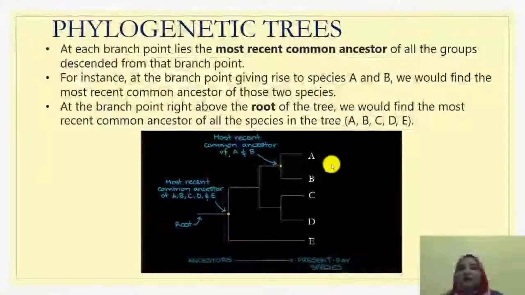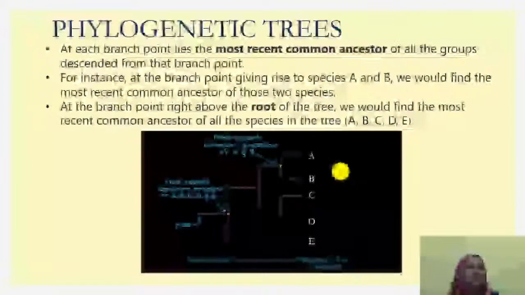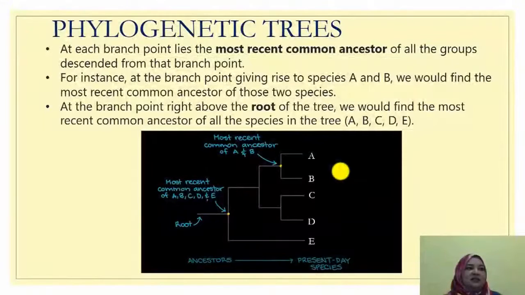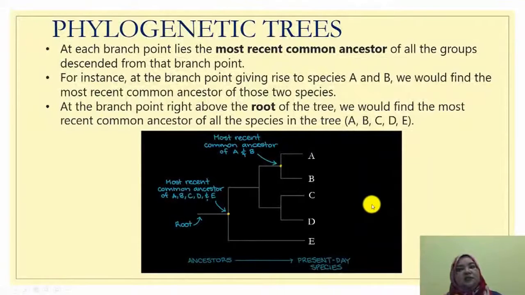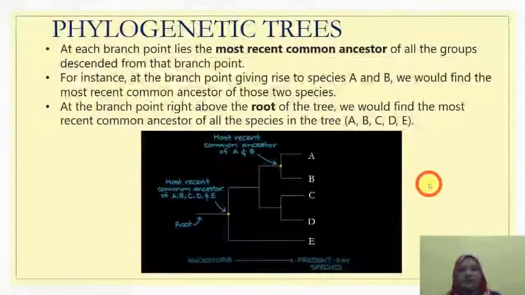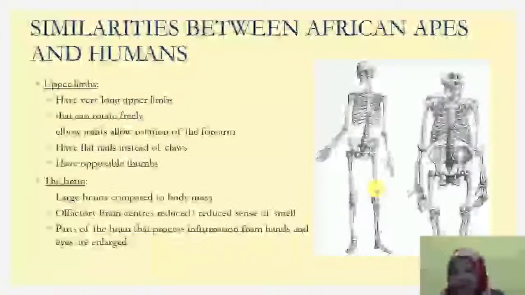So phylogenetic trees show us the most recent common ancestor of a certain group of organisms, or certain species of organisms. Now we get to humans and their ancestry and apes.